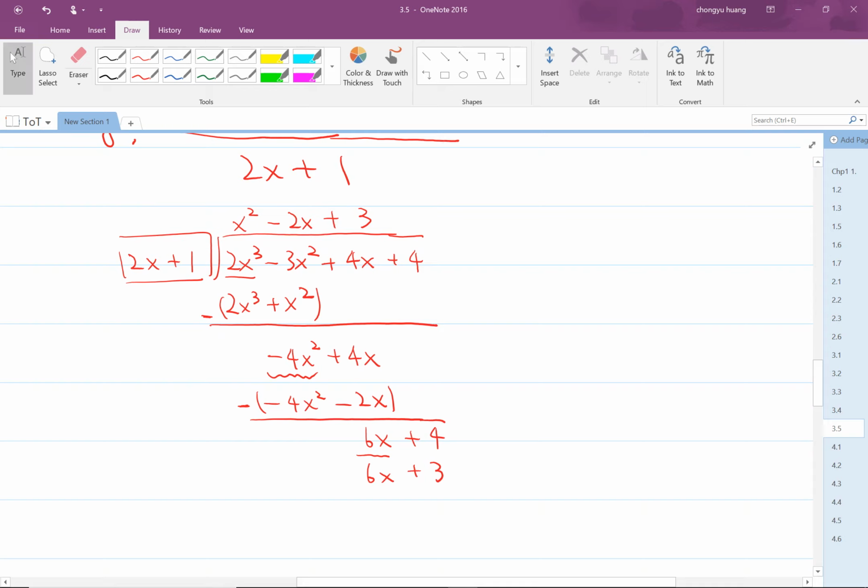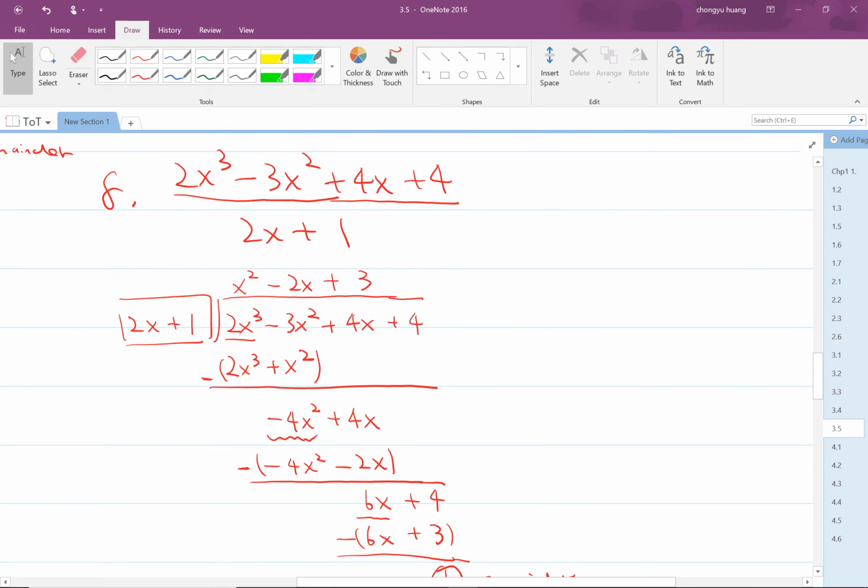Again, we want to cancel it. 6x minus 6x equals 0, and 4 minus 3 is equal to 1. So we got 1 as the remainder, and this is the solution, as I told you how to write the solution.